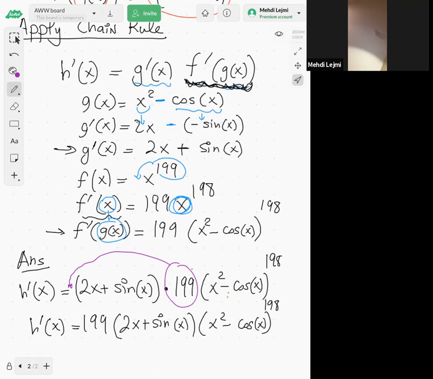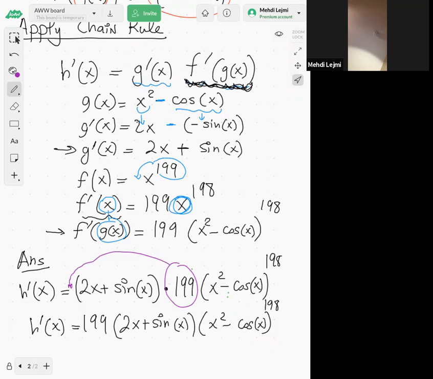Any questions, guys? So in homework number 7, tomorrow, you're going to have a lot of problems about the chain rule, because I think the chain rule is one of the most difficult rules for derivatives, because in the chain rule you have to figure out what's the f and g, right?